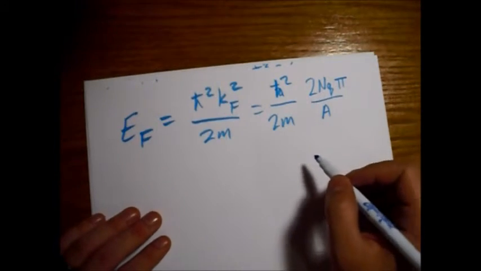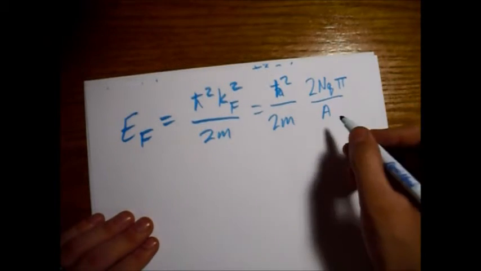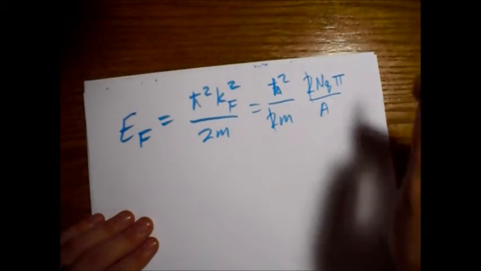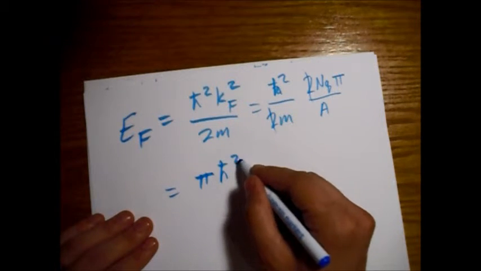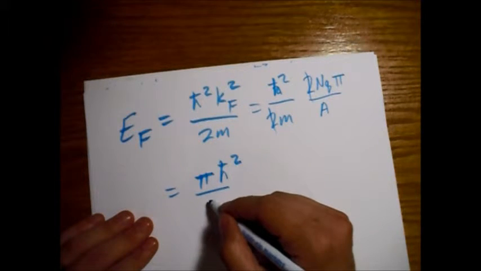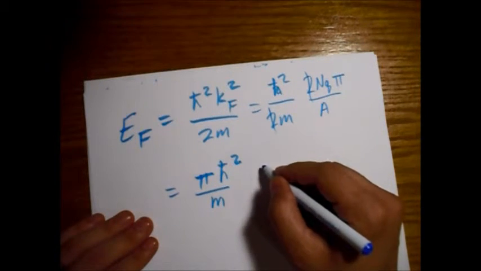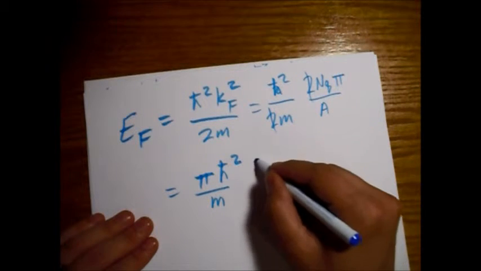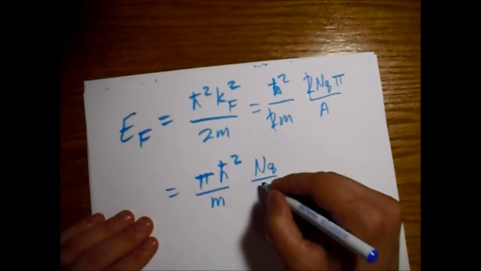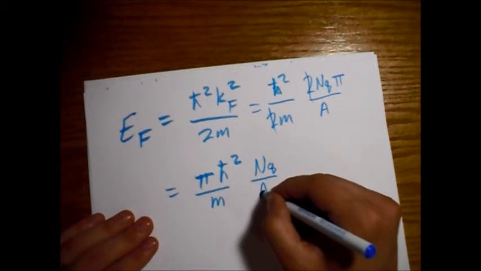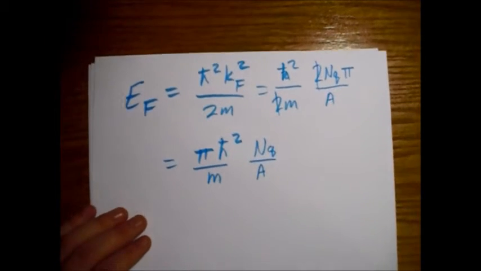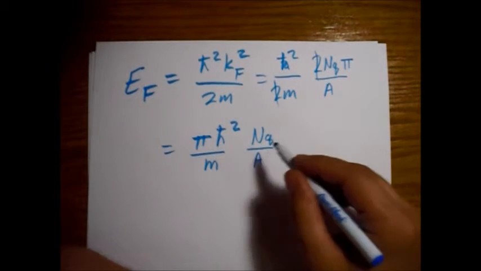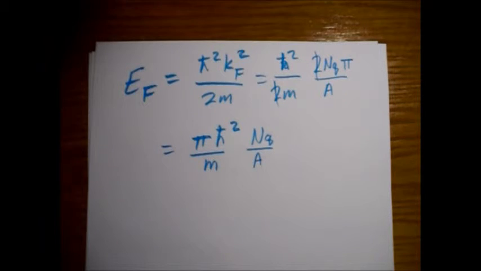So these 2's can cancel, and we're just left with pi h bar squared over m, and then we have our Nq over A. Again, let me see exactly what we call this: the number of free electrons per unit area.